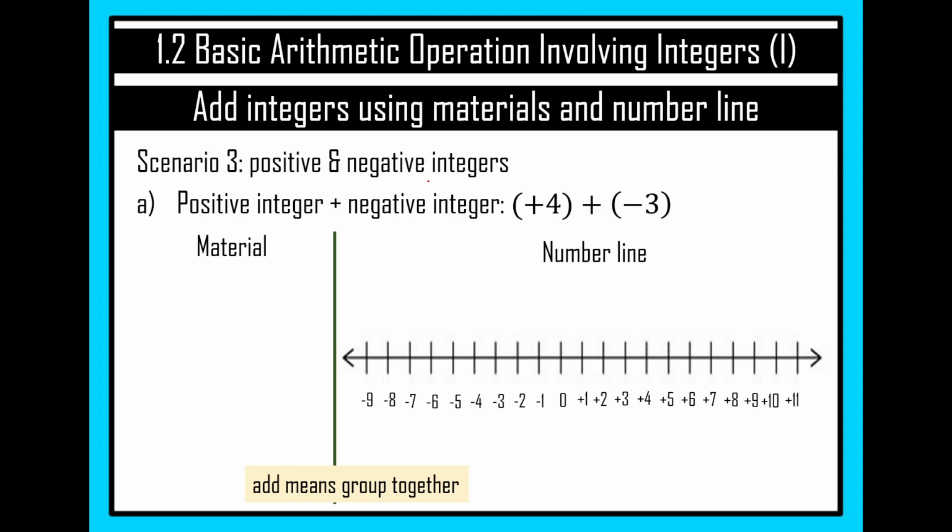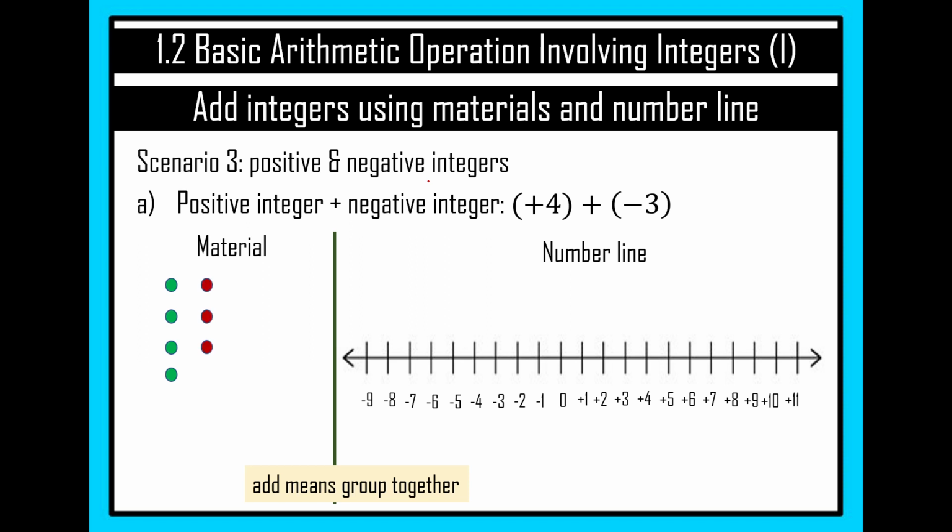Third scenario is positive integer plus negative integer. For example, positive 4 plus negative 3. So positive 4 means I need 4 green circle. Negative 3 means I need 3 red circle.